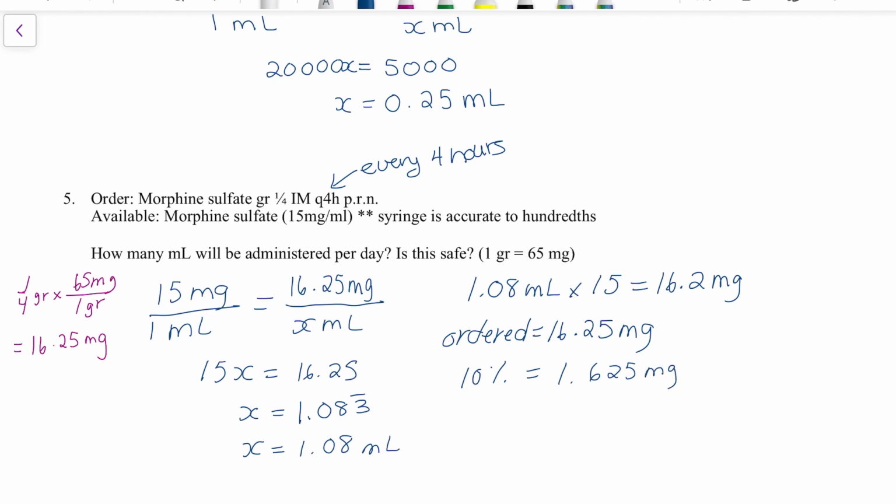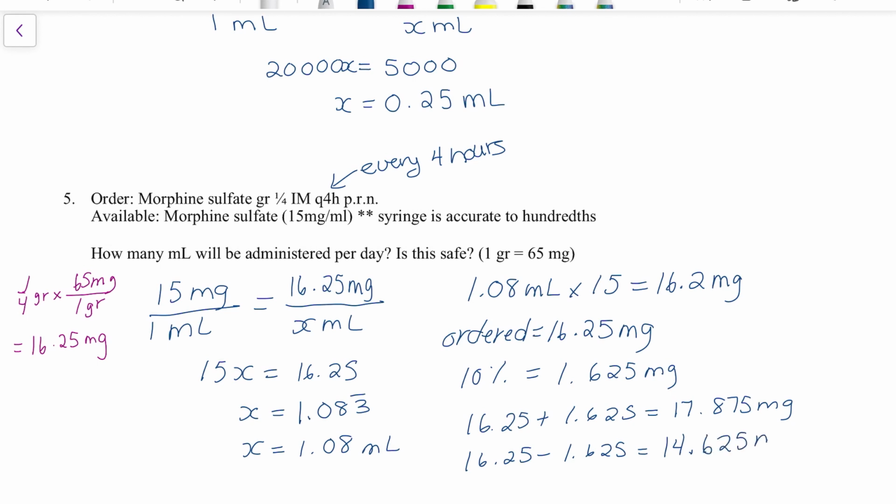So that means I can go up to 17.875, and I can go down to 14.625 milligrams.